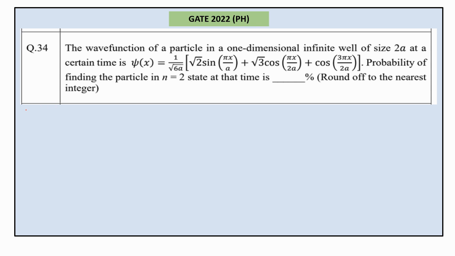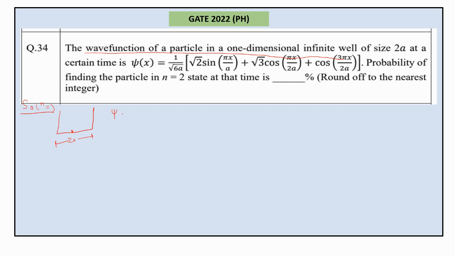The next question is from quantum mechanics. In this question, it is given the wave function of a particle in a 1D infinite well. 2a is the dimension of the infinite well, and the particle is here.